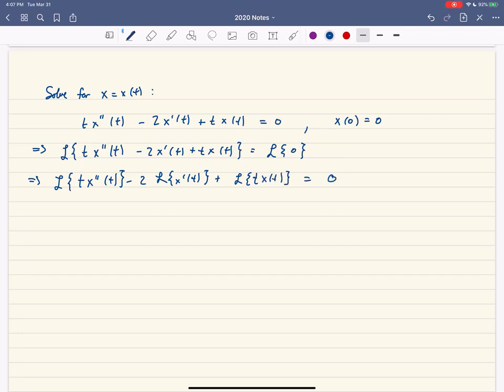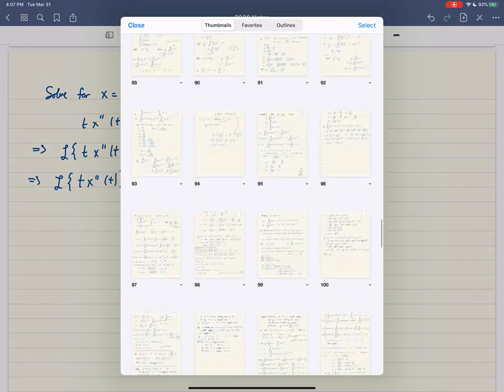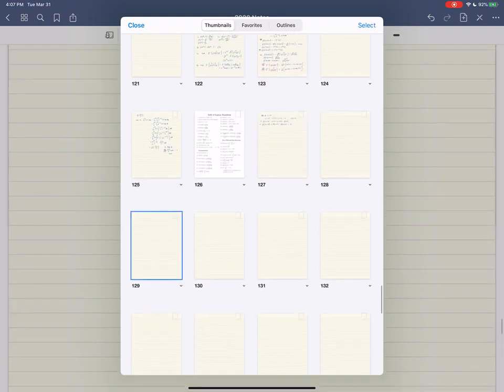Okay. And it turns out that what we're going to need to do is look at all of our rules that we need. So for t x double prime of t, I think it's worth going back and forth between all the rules that we know and how this is going to work.